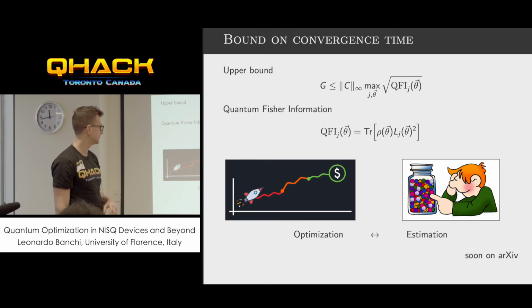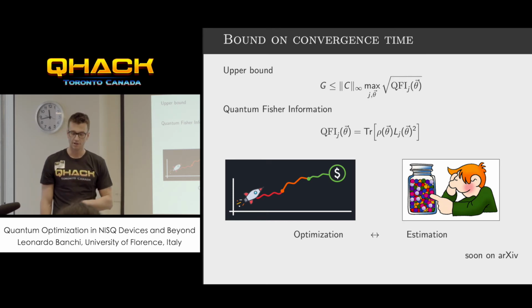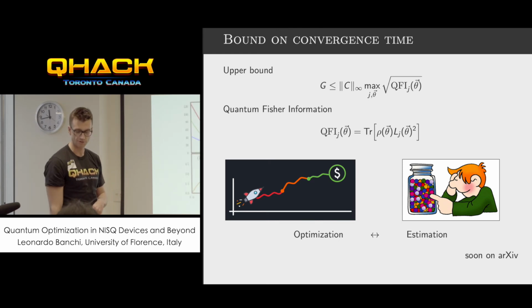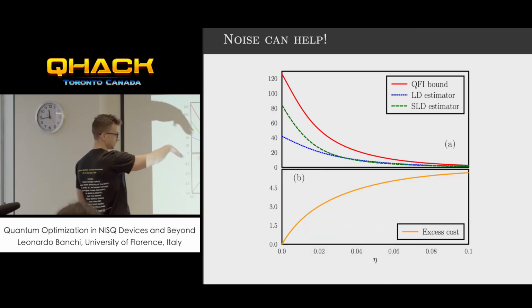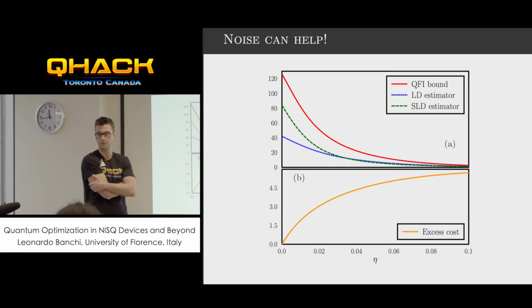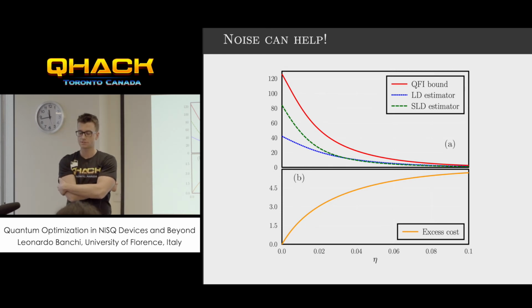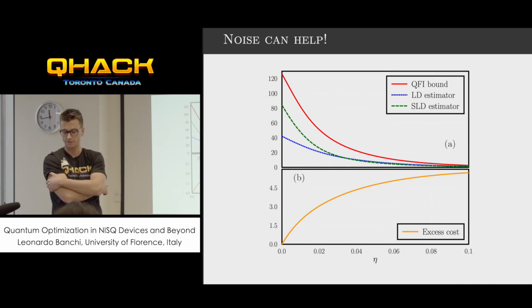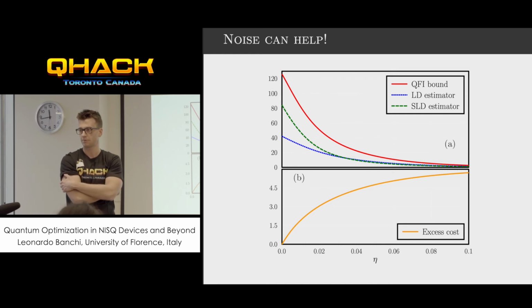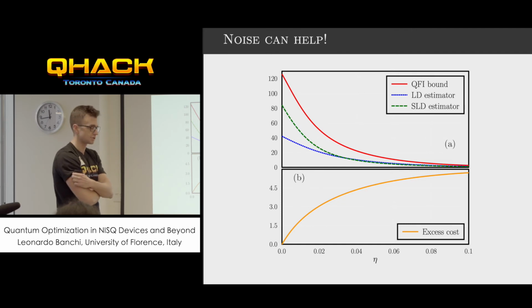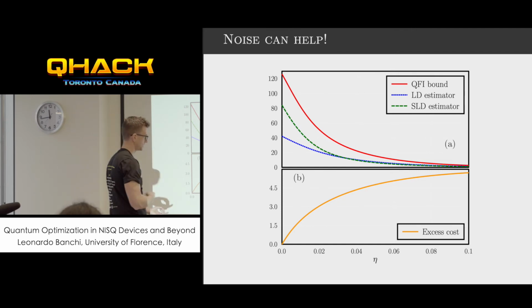we can use our knowledge from quantum estimation theory, and we know that the quantum Fisher information decreases as a function of the noise strength. So noise can have a positive effect here, namely reducing the amount of fluctuations in your gradient estimator. But noise, of course, also has a negative effect, which is that it increases the cost.